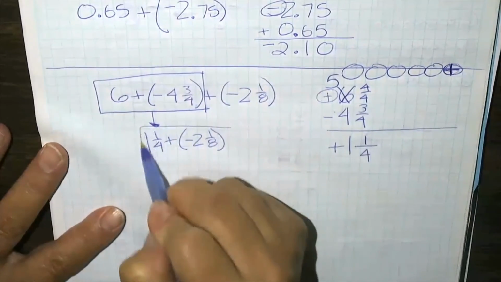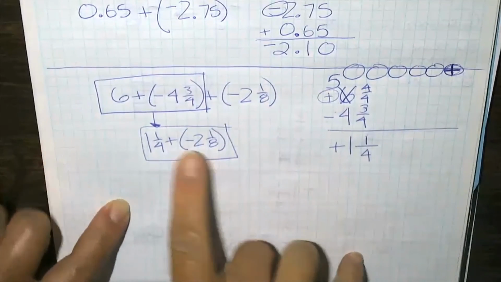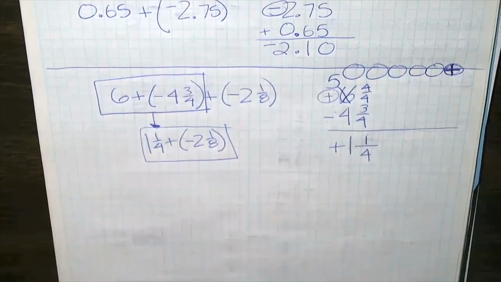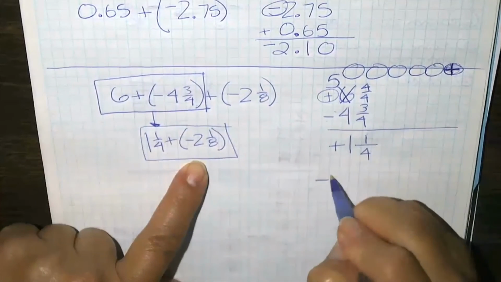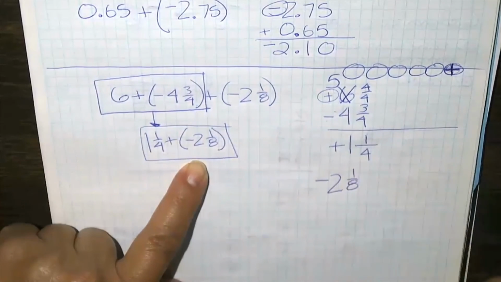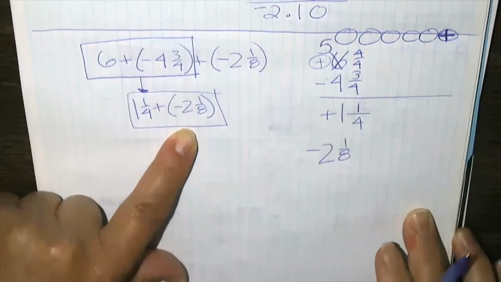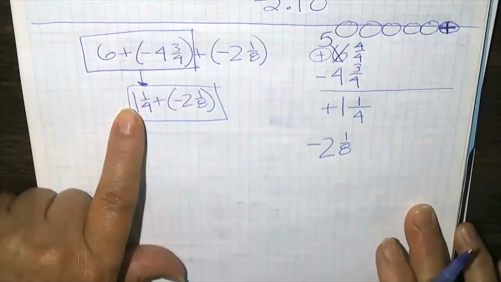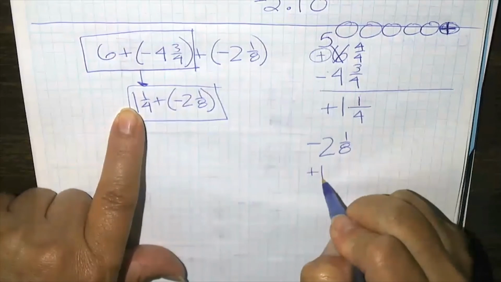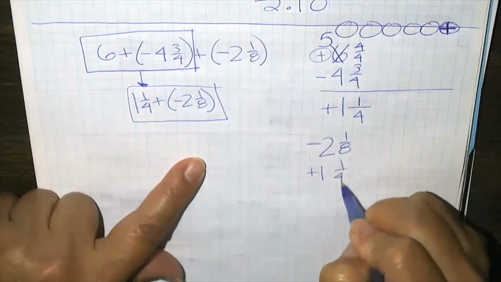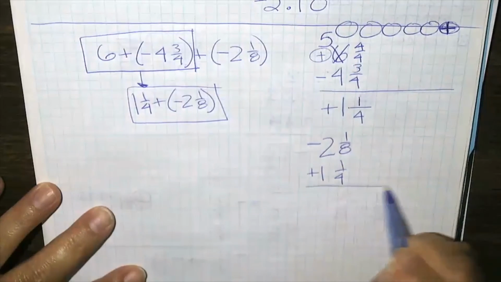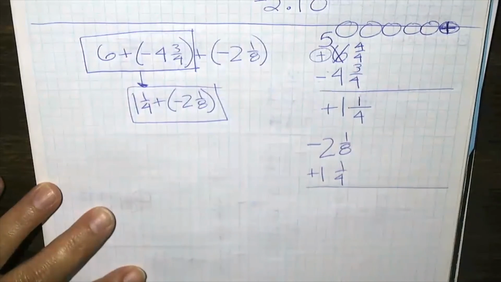This is now my next problem. So I'm going to ignore my signs. I have 1 1/4, 2 1/8. I'm going to put the -2 1/8 on top. Since I don't have a sign in front, it's an implied positive. So I wrote my problem vertically.